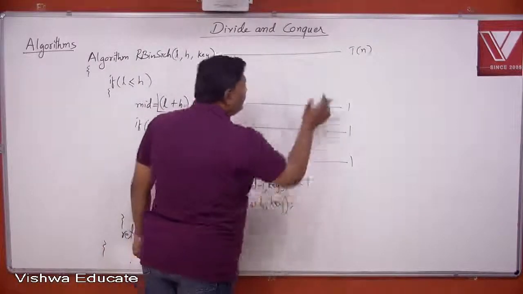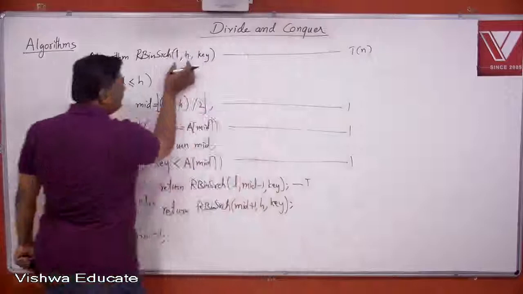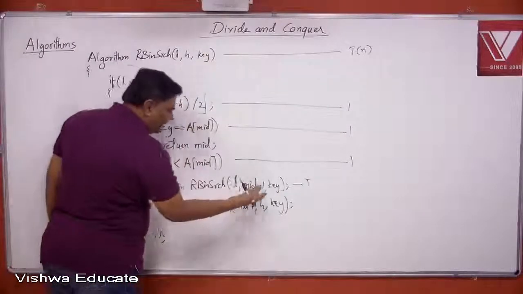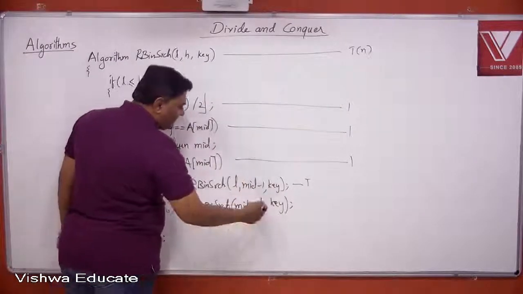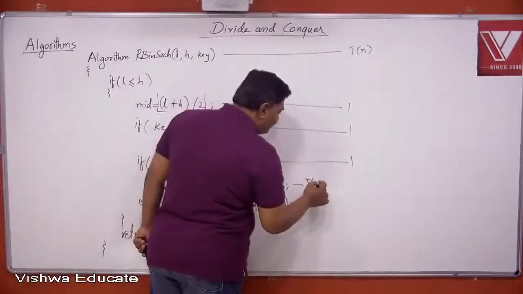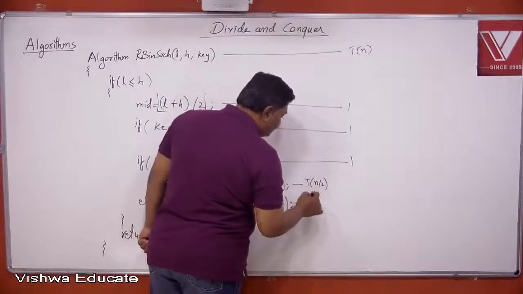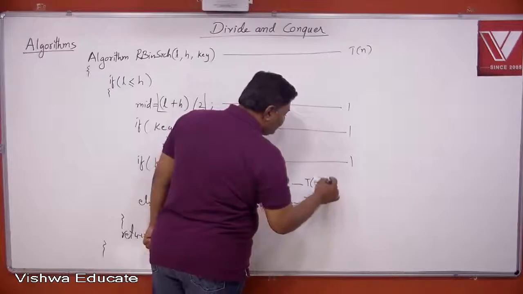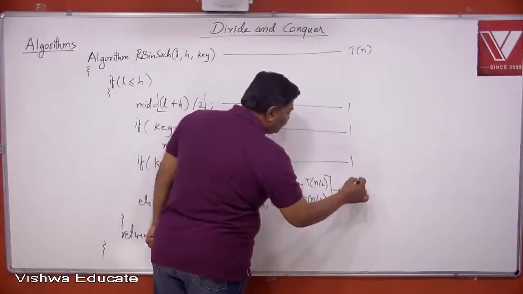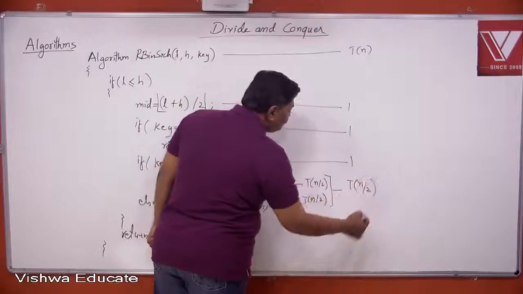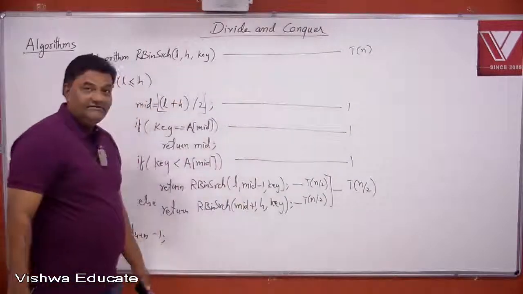Whatever the size of the elements given to it, it is splitting into half, calling half on this side, half on that side. So either this n/2 or this n/2. Out of these two, it will be calling only once. So T(n/2), only one.